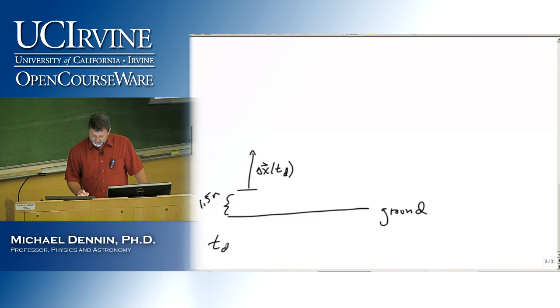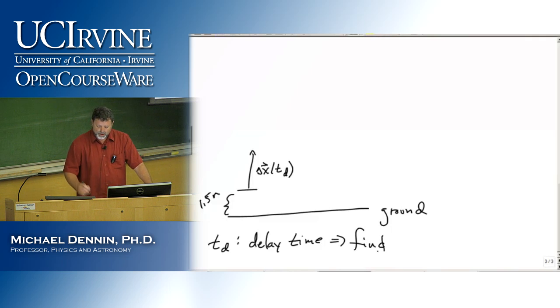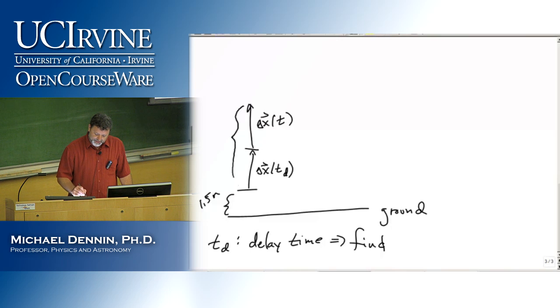So TD is my delay time, which is what I'm going to want to find. And then the ball keeps traveling with some additional displacement while I'm jumping, which I'll call T. This whole displacement takes place over a total time T plus TD.